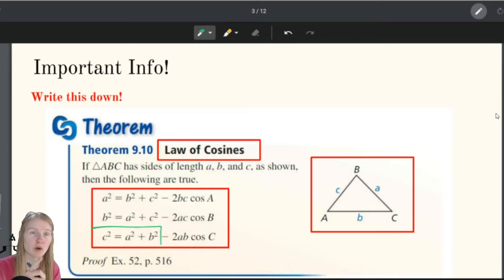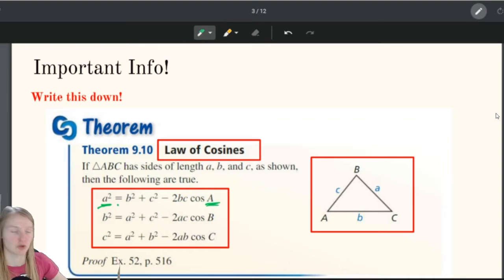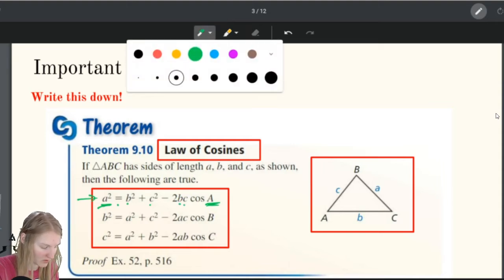And that's how I remember this. That's how I remember the first half: I pick a side. That angle is the one I take the cosine of. So a squared equals, and then I take cosine of that same angle, then the other two sides. So for A, I have b squared plus c squared minus 2bc. And this pattern is the same throughout.